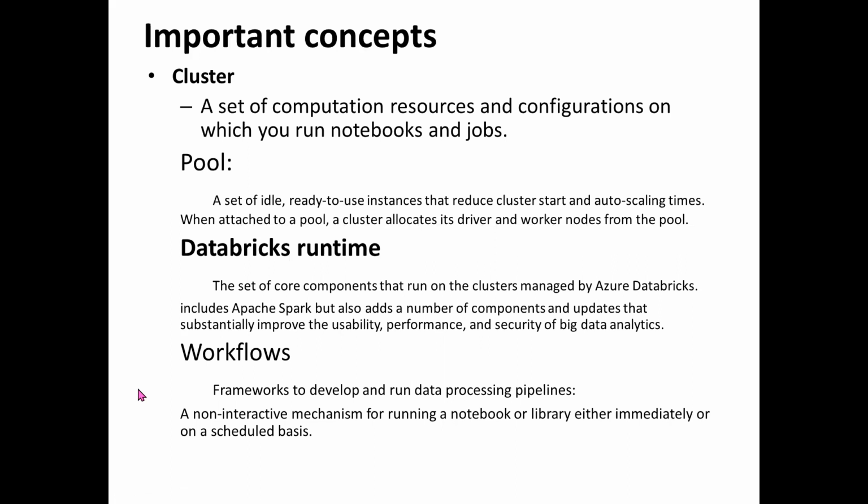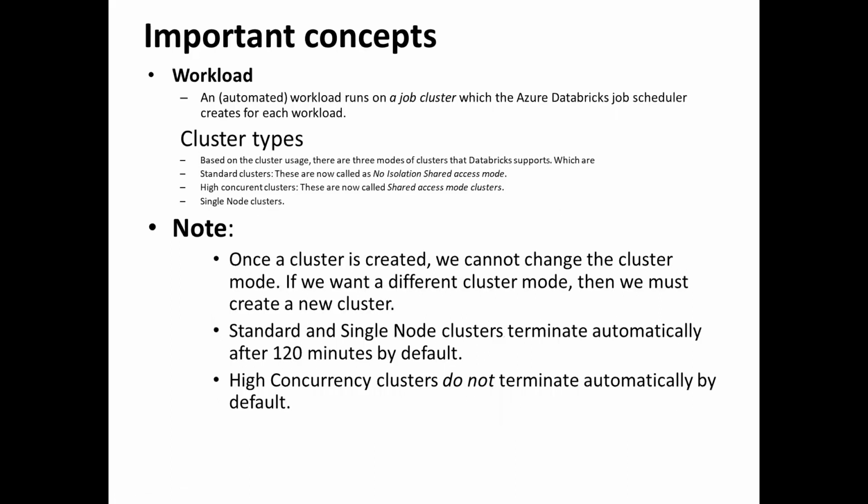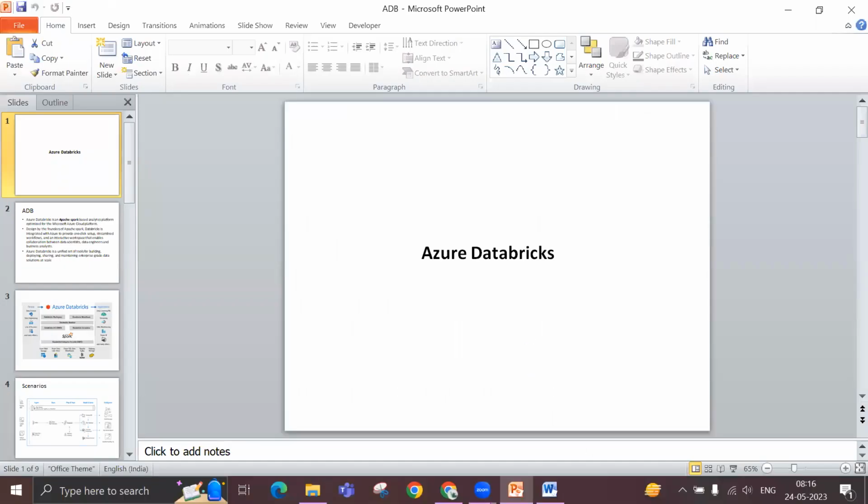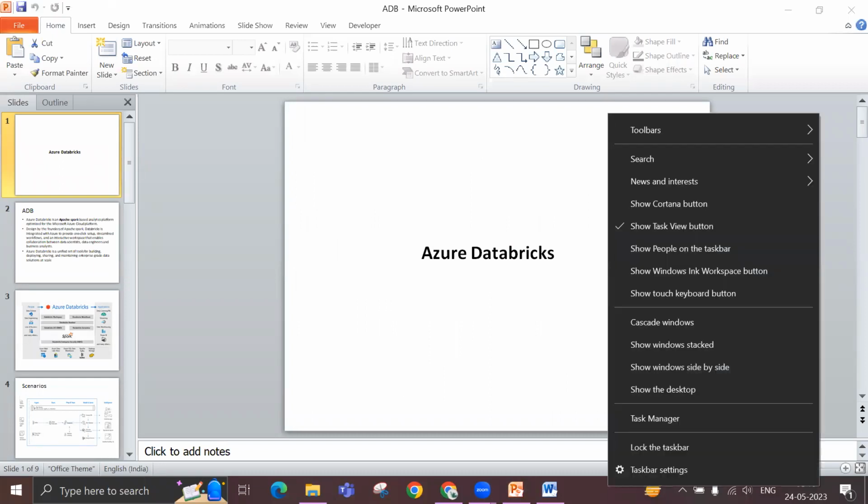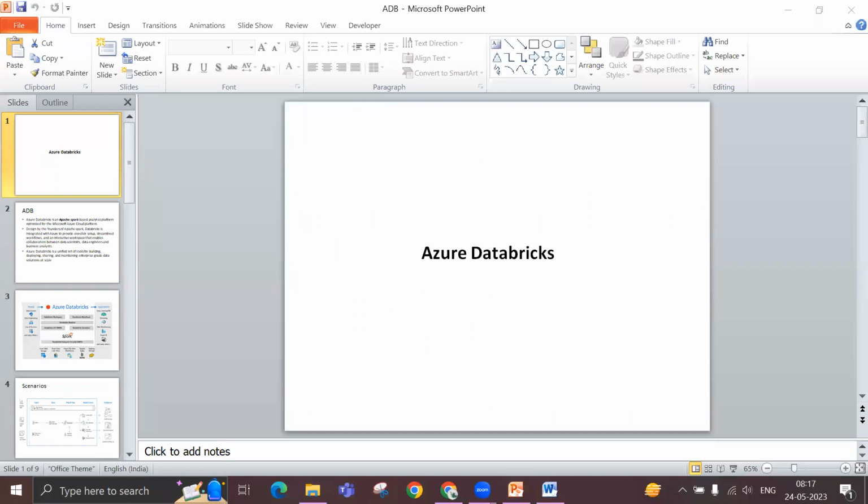All right, guys. So that's a very quick introduction about Azure Databricks. Okay, I know since it's a first class, you might have some questions. Please hold on to those questions. If you understand, good. If you didn't understand, note down those questions in a way where you will get answers as we progress in our next class.